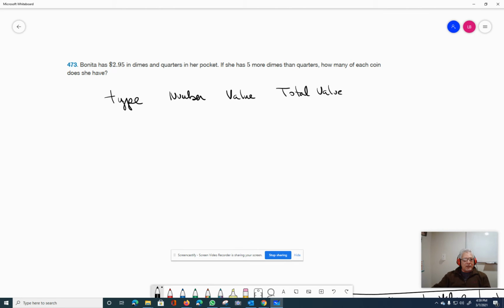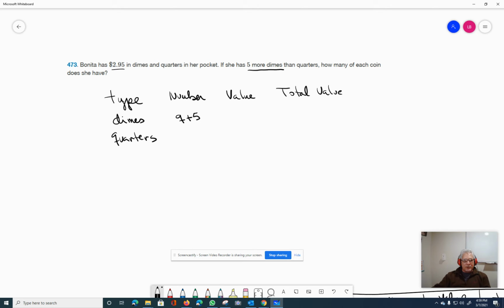So first, they said the total value is 295. I will write that down at the very end. The type of coin is dimes and quarters, right? And they say she has five more dimes than quarters, so she will have quarters plus five.